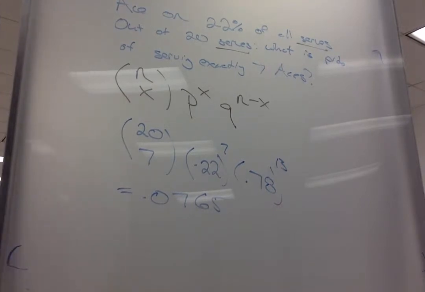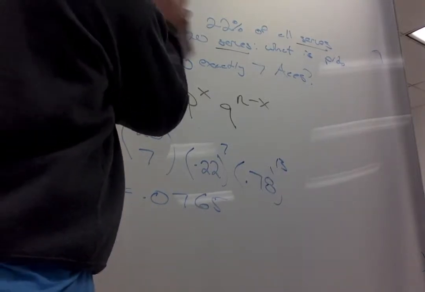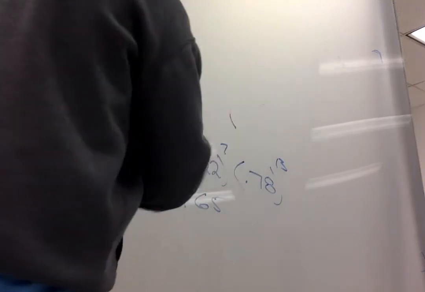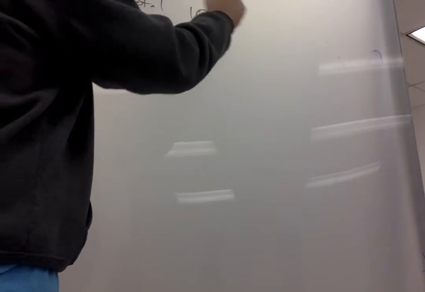Now let's compare that to our good friend, the hypergeometric distribution. Now, hypergeometric distribution says you have an old bag of Halloween candy with a total of 100 pieces of candy.